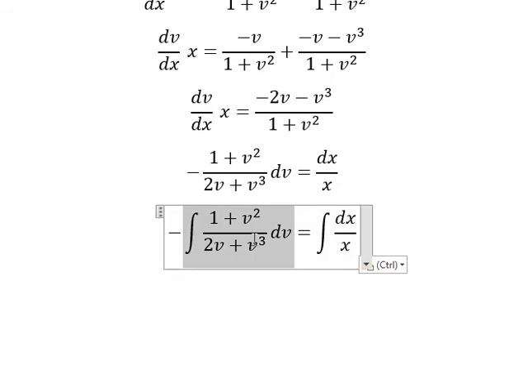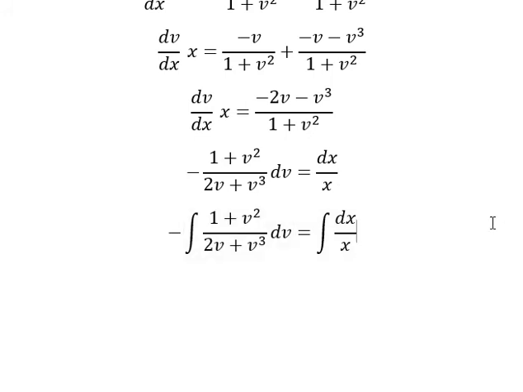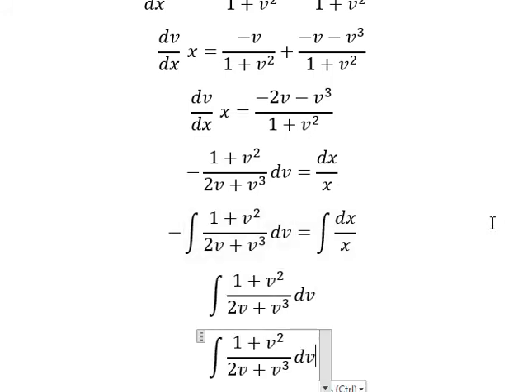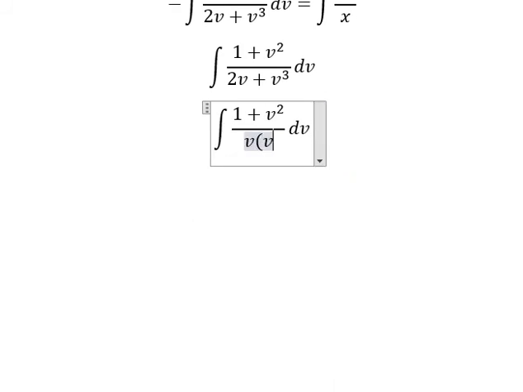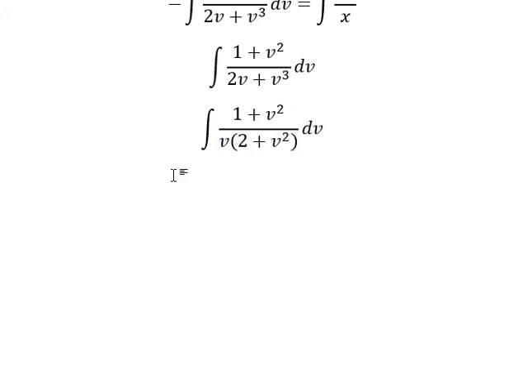Now I will concentrate on this one only. We can do factorization in here. Now I will use partial fractions.